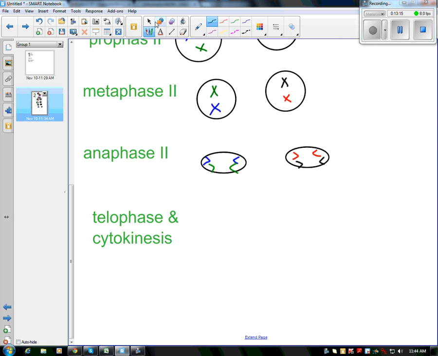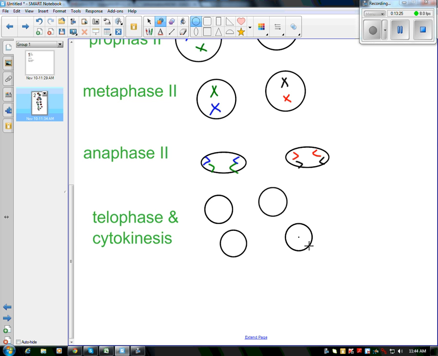And then that gives me 4 haploid cells. Haploid cells are cells with only half the number of DNA that normally occurs. And they unwind. And these are now your gametes, your sex cells. These are sperm and egg.